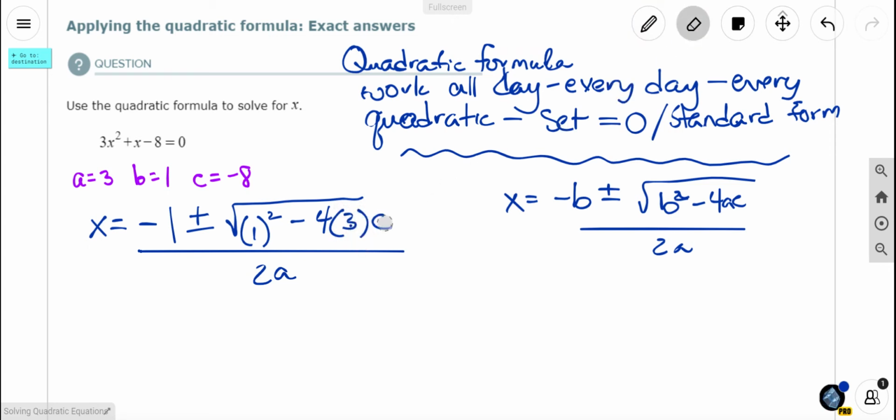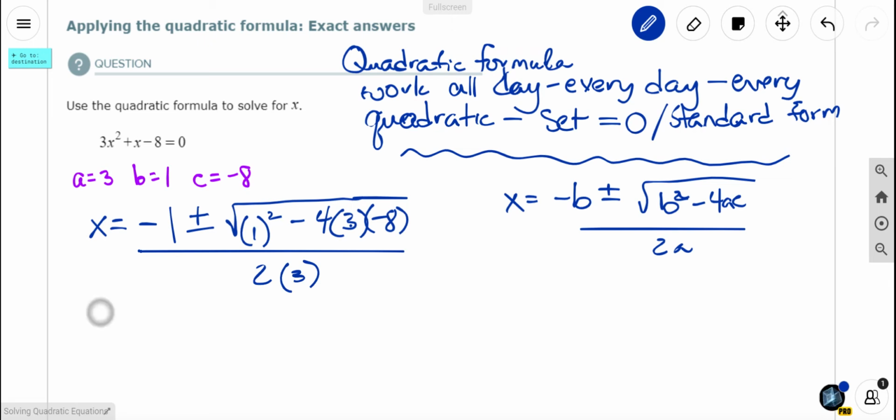C is negative 8. All over 2A. So A is equal to 3. Negative B plus or minus the square root of B squared minus 4AC all over 2A.